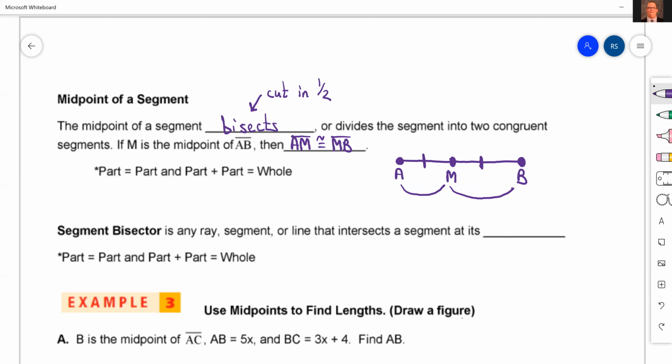So using our part plus part equals whole, AM plus MB equals AB. That doesn't change. What's new here is that AM is equal to MB. So if you're told something's a midpoint, then both of these hold true.